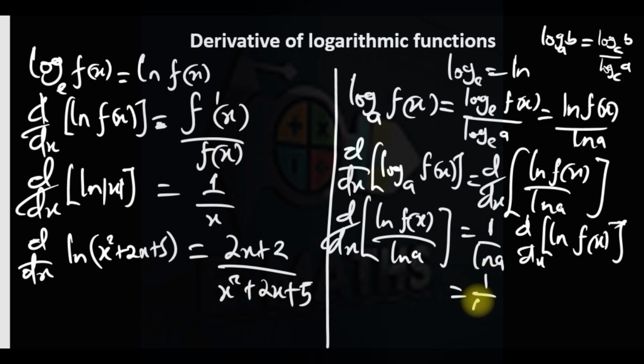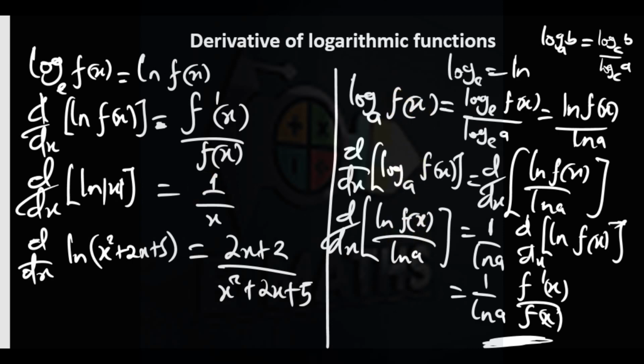And from what we've done before, the derivative of ln f(x) is f prime x over f(x). So that's the derivative of any other base except the natural.